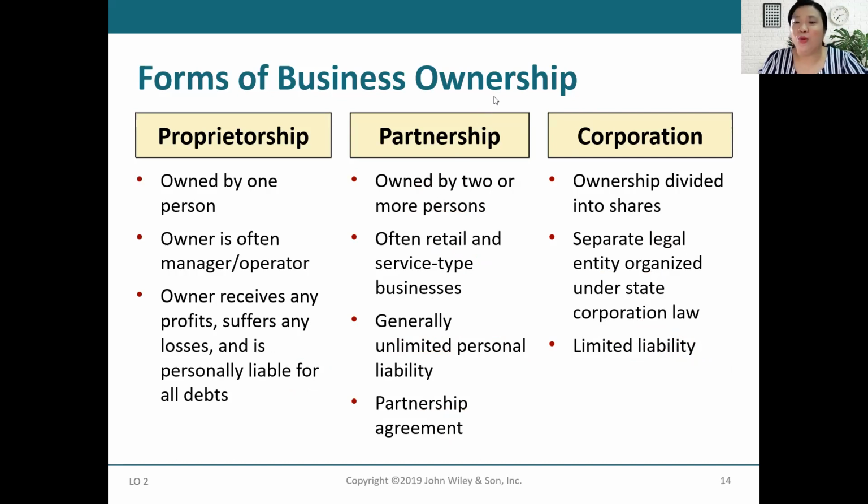All right. Now, which types of business have unlimited liability? You want to know? It is proprietorship and partnership. Okay, proprietorship and partnership have unlimited liability.